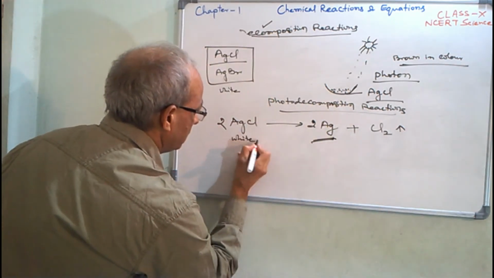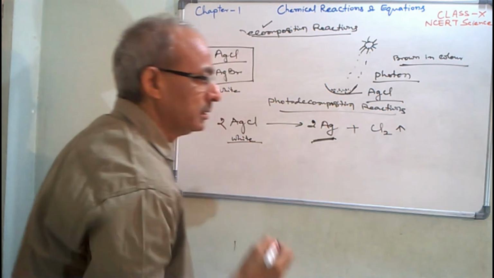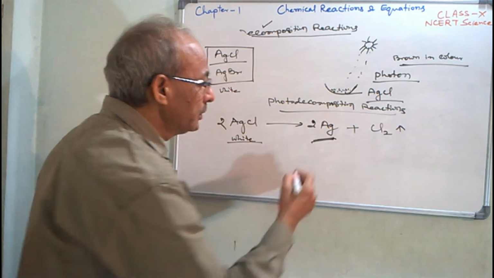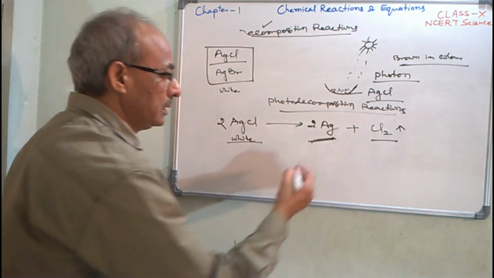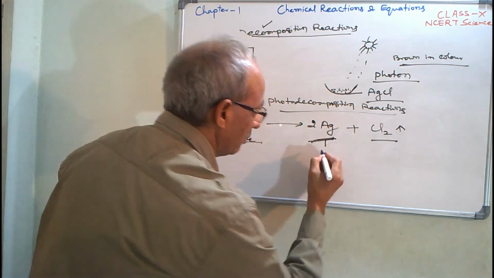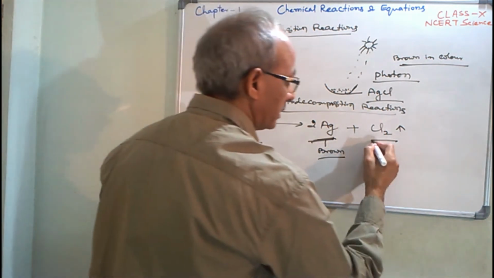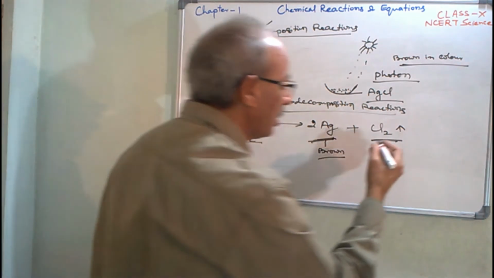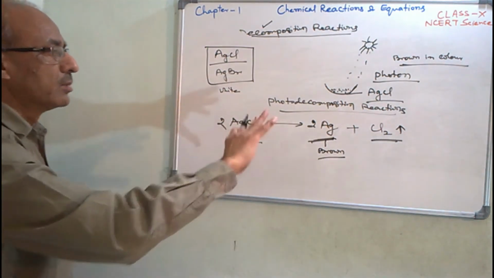Silver chloride is white in color, but when the decomposition of silver chloride takes place and it splits into silver and chlorine gas, the main product is the silver, which is brown in color, and the chlorine gas is the byproduct, and it is evolved during this decomposition reaction.